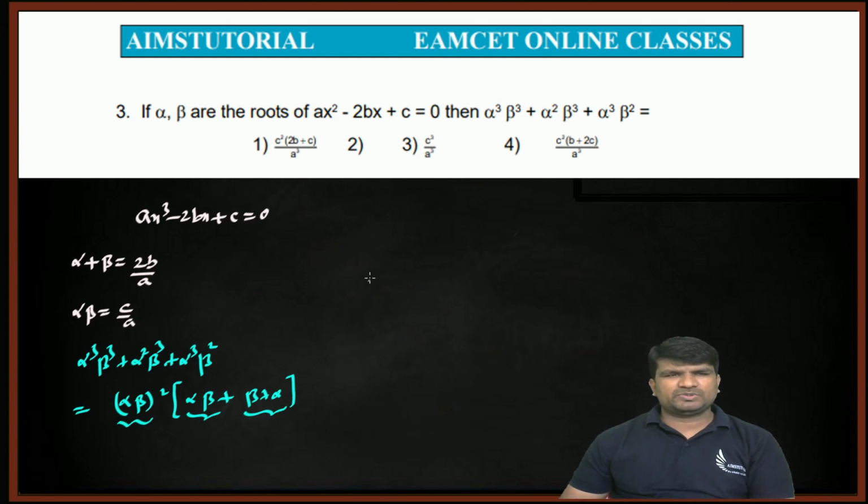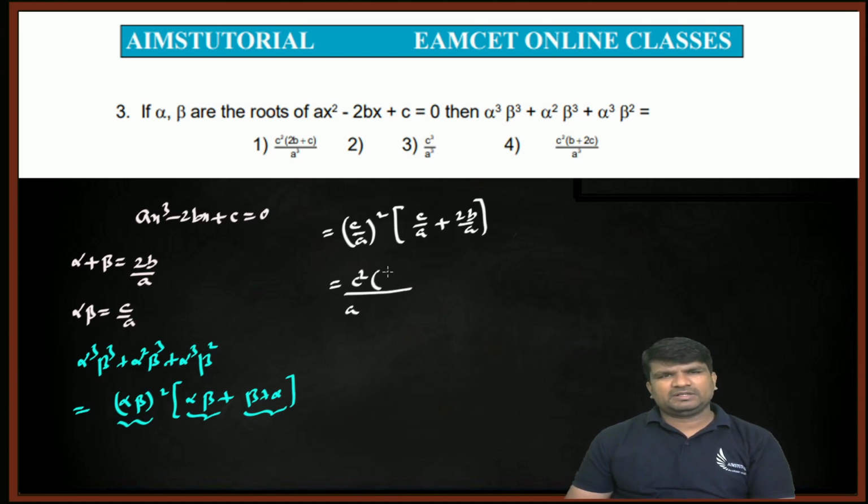If you substitute, the product of the roots is c by a whole square, times the sum of the roots, 2b by a, plus the product of the roots, c by a. So c square by a square, and this one 2b plus c divided by a. a into a is a square. So c square by a cube into 2b plus c.